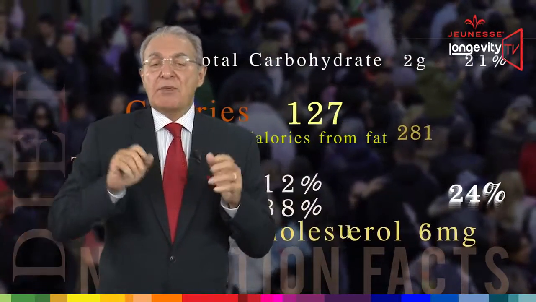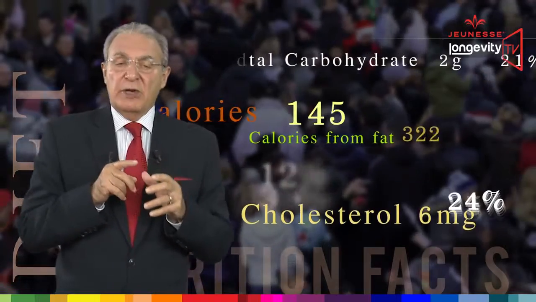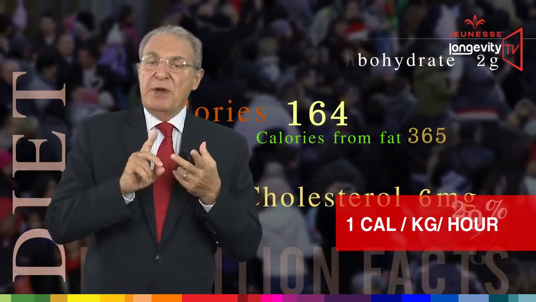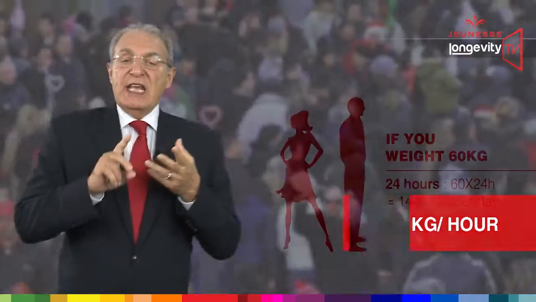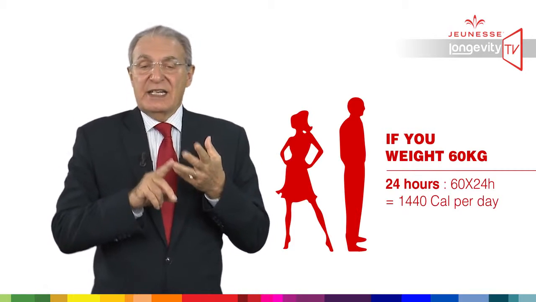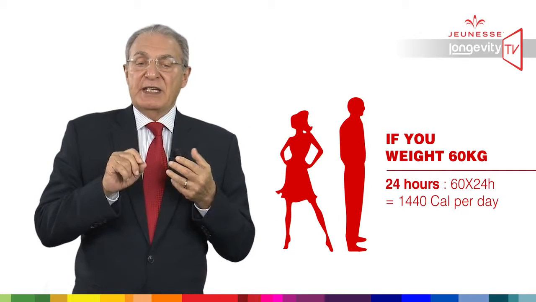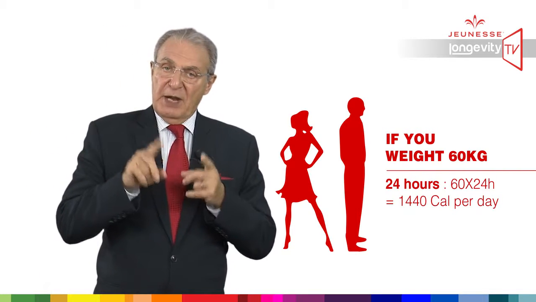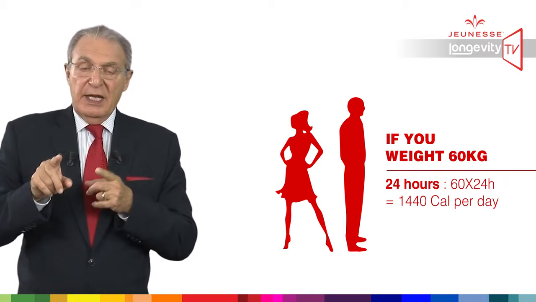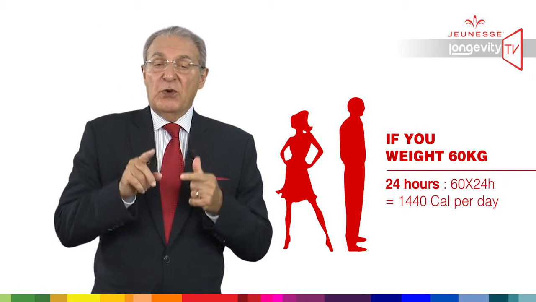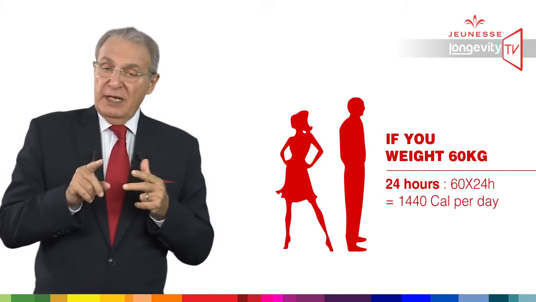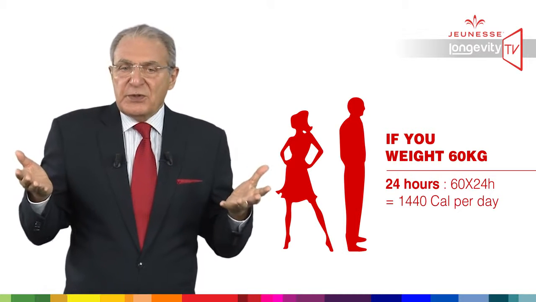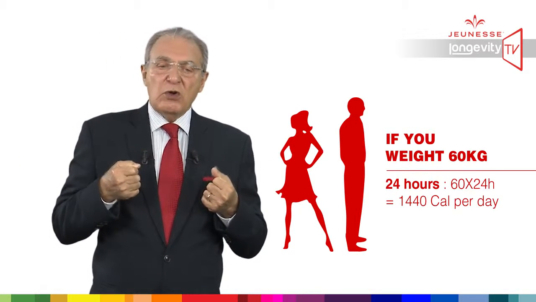This requires approximately 1 calorie per kilo per hour. So if you weigh 60 kilos, you will spend in 24 hours 60 multiplied by 24, equal 1,440 calories per day. And this is good news because you have no control over that.